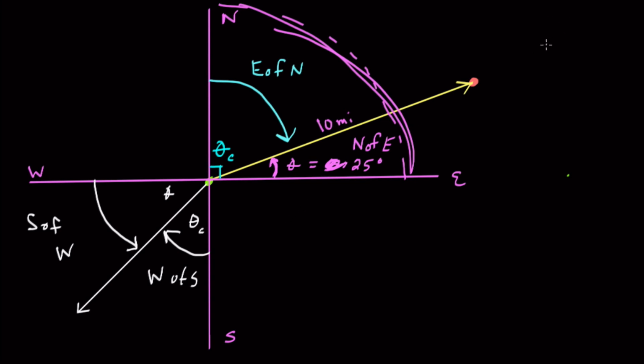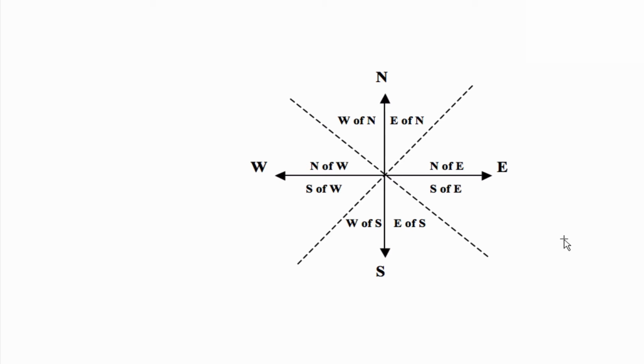So one of the things that you see on the web page is a drawing. Let me put up that drawing. So here is that drawing from the web page, and this is just showing you where these angles are. So again, what do you need to remember? You need to remember that whatever your starting point is, that's in the middle, and wherever you end up, you're going to give the direction relative from where you started to where you ended up.